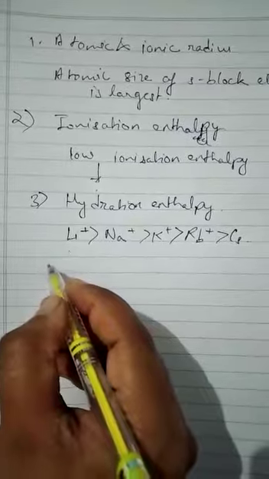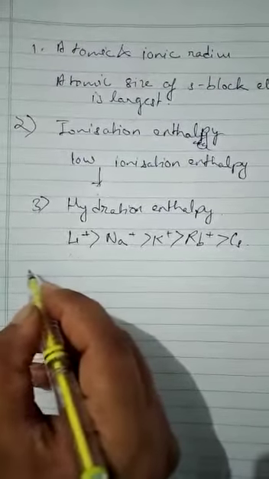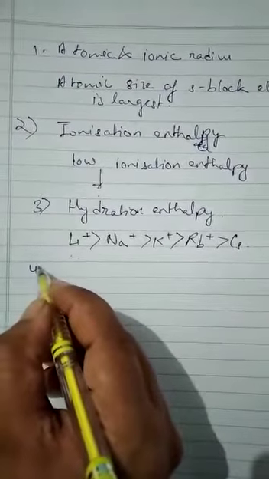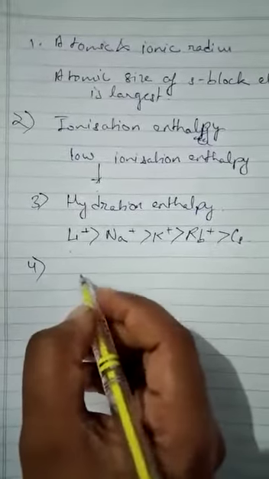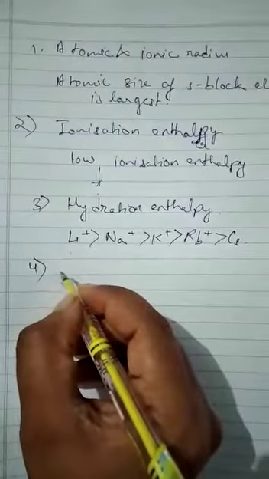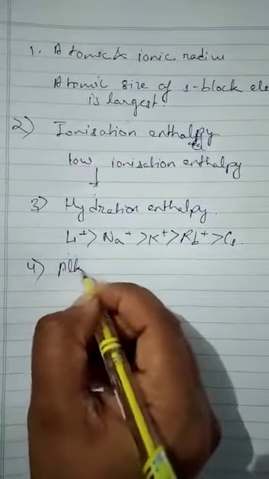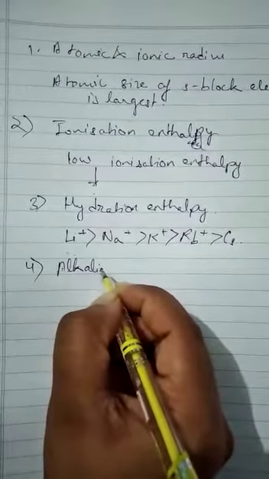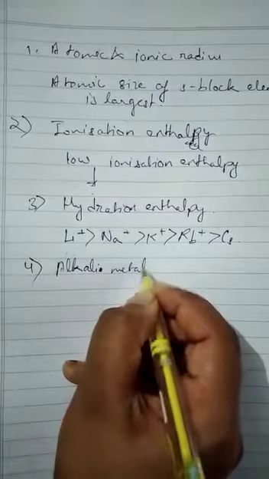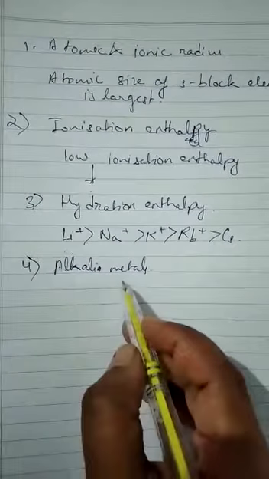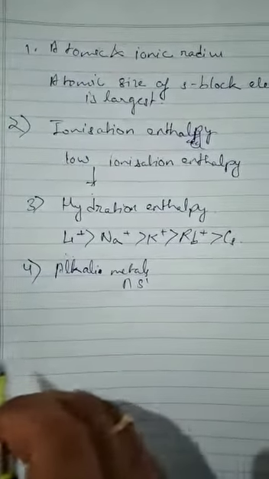Okay, and also let's look at a few more properties of these S block elements. S block elements are basically, let's talk first about the alkali metals. So alkali metals have the general electronic configuration ns1, you know it.